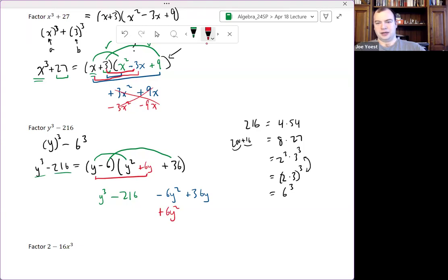And then I'll also have a minus 6 times 6y, which would be a minus 36y. And that does perfectly cancel out all of the extra stuff that I don't want. And this also kind of acts as my check. I know the answer is y minus 6 times y squared plus 6y plus 36.